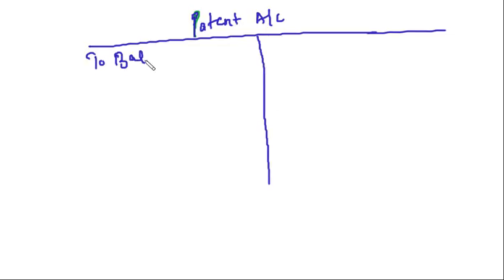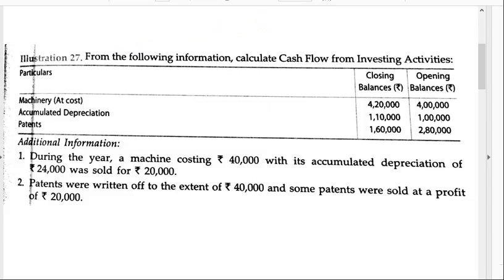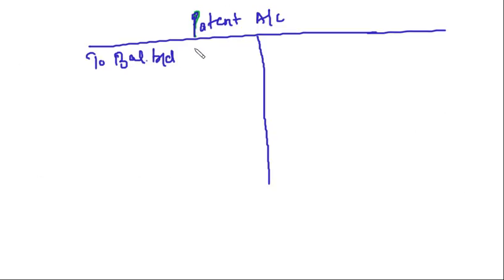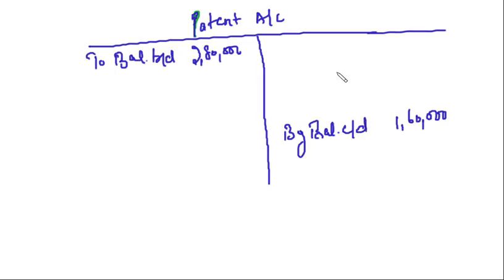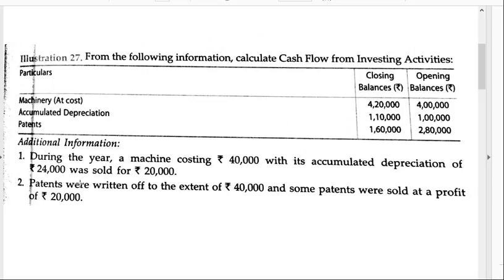We have opening balance to balance brought down. What is the opening balance? 2,80,000 and closing balance is 1,60,000. Clear?